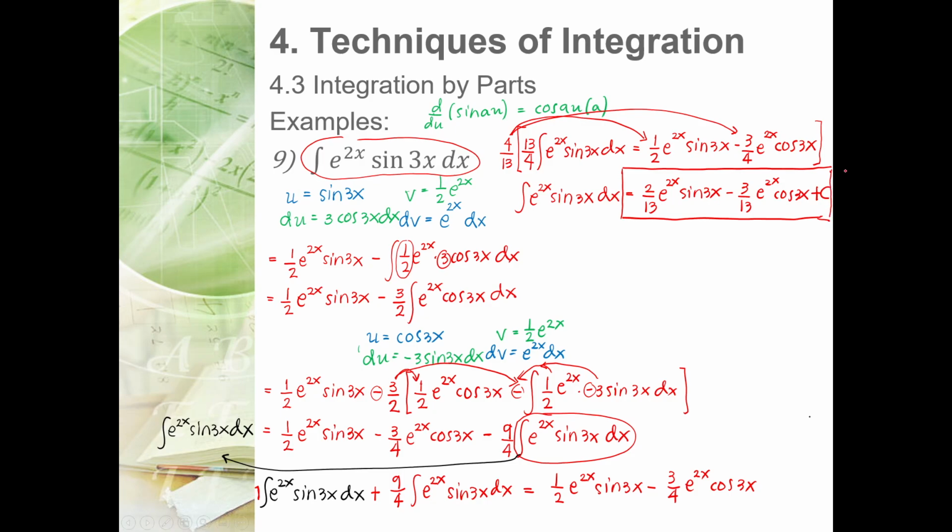Okay. So questions, clarifications, or violent reactions? 9/4 is this one here, so I'm going to circle it.